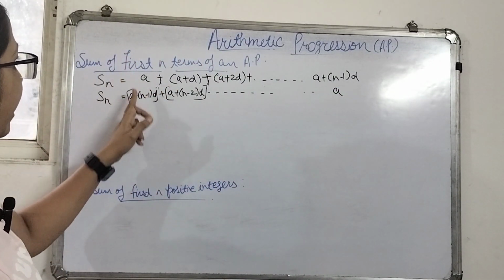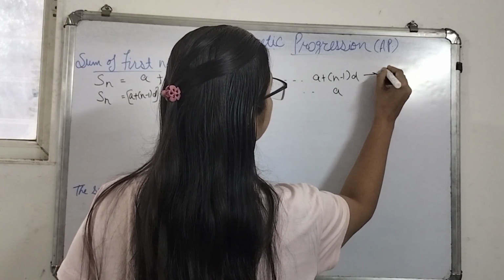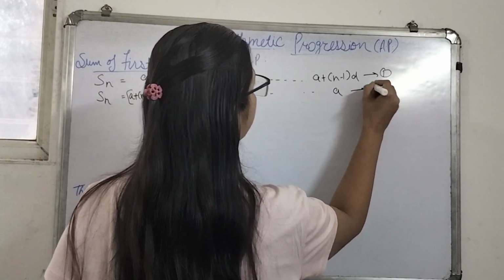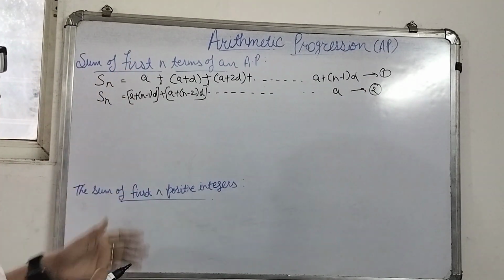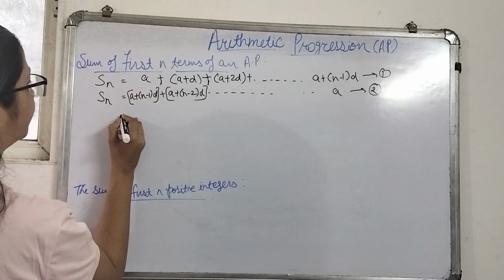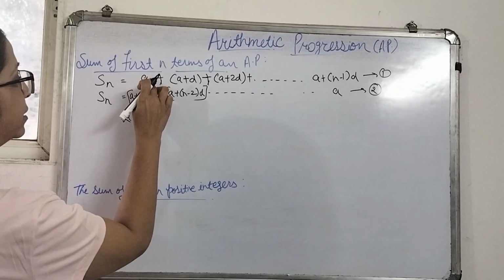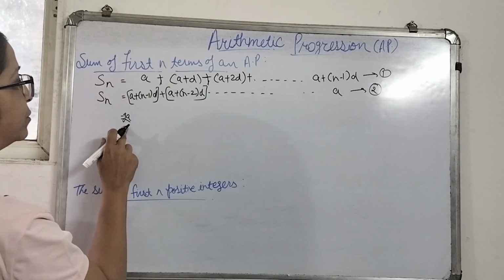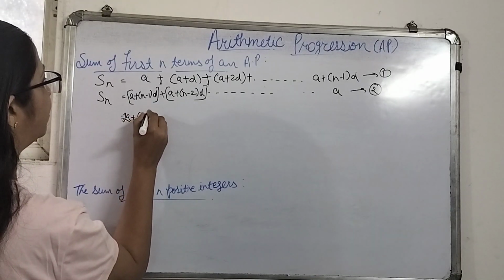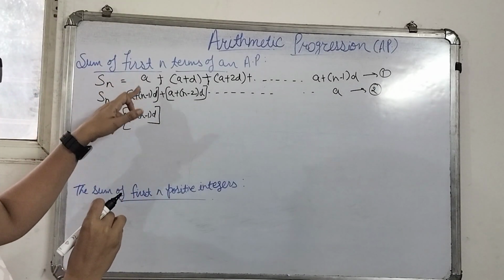Now if we add these two, suppose this is your first equation and this is your second equation, the sum of these two will be a plus a, which will become 2a plus n minus 1 into d. This will be the sum of these two terms.